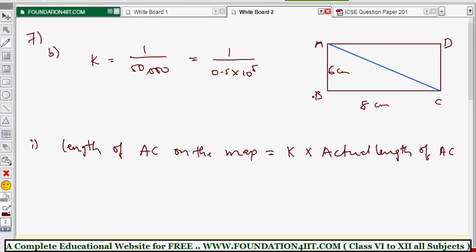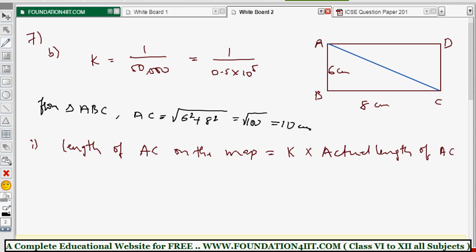If you apply the Pythagoras theorem from triangle ABC, we can do that before. So from triangle ABC, AC is equal to square root of 6 square plus 8 square. So square root of 100, that is 10. So 10 centimeters.